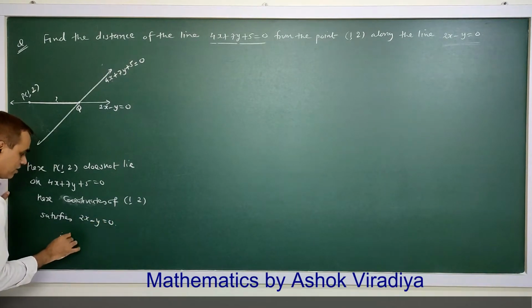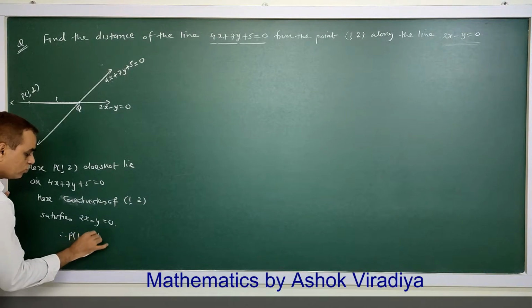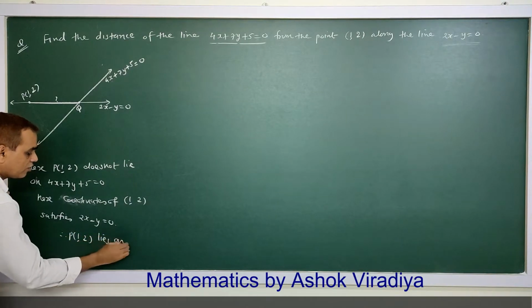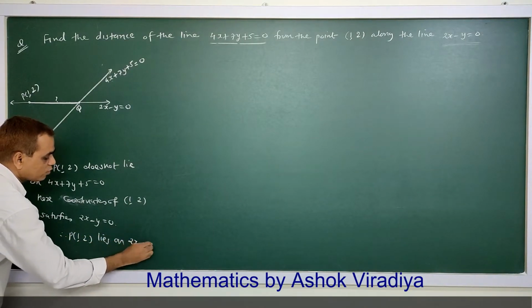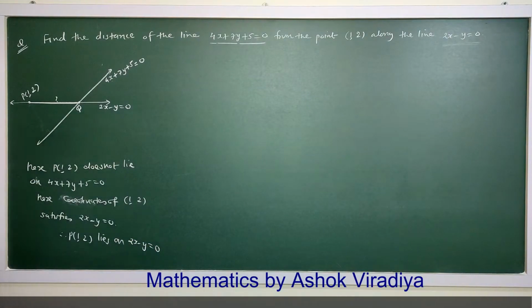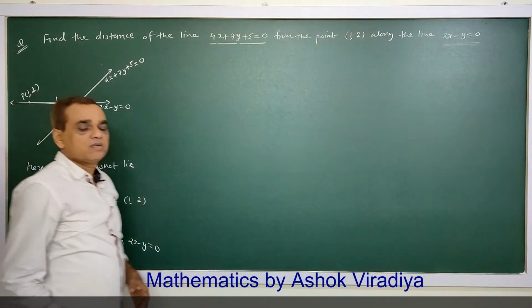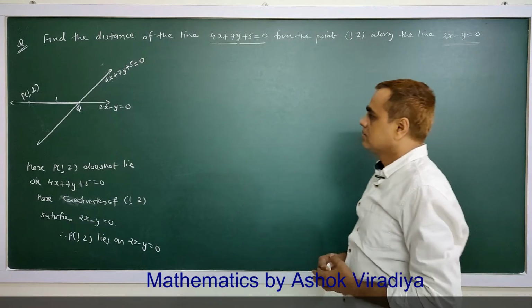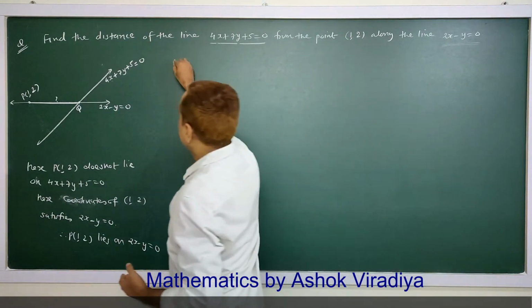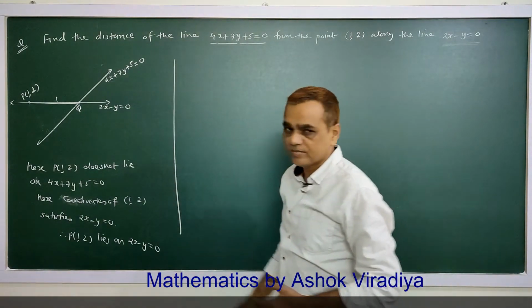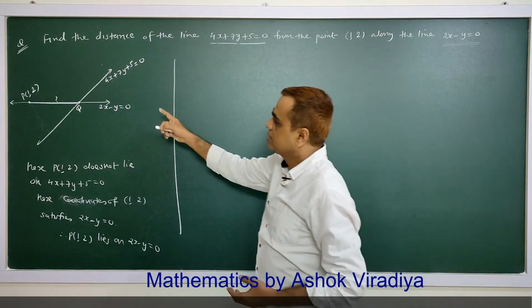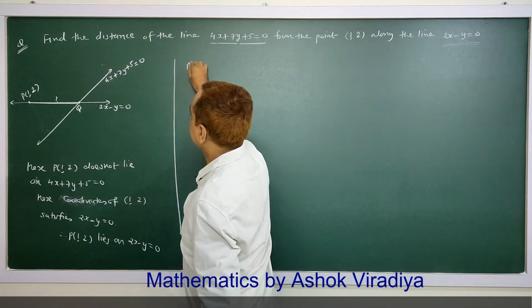Therefore P(1, 2) lies on 2x minus y equal to 0. So from the diagram, both lines are intersecting.